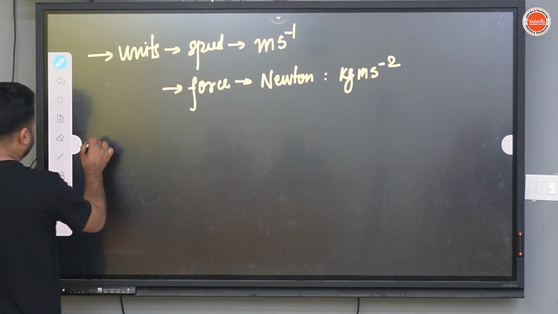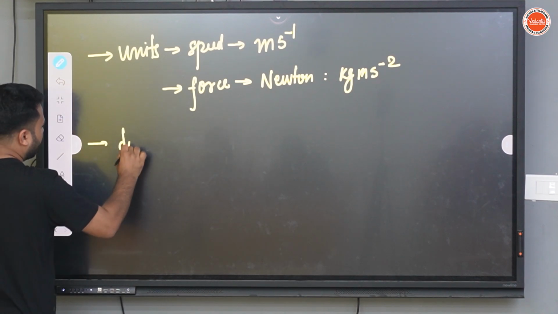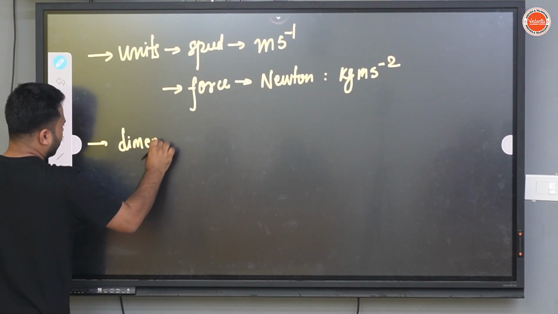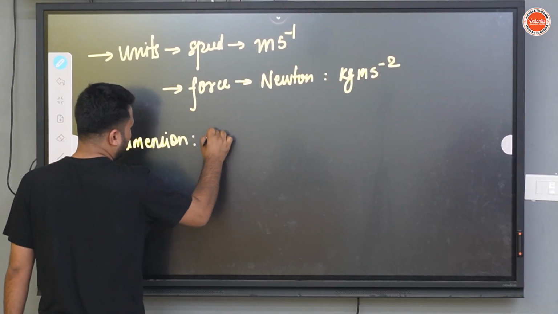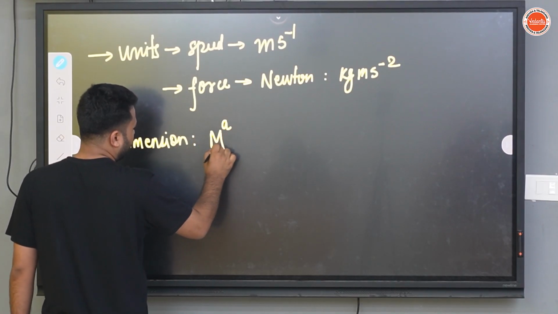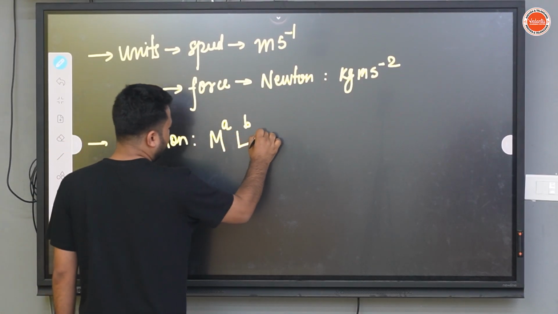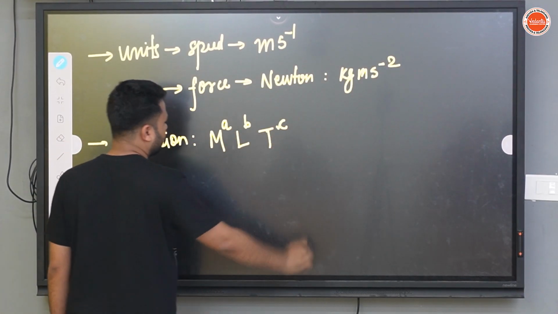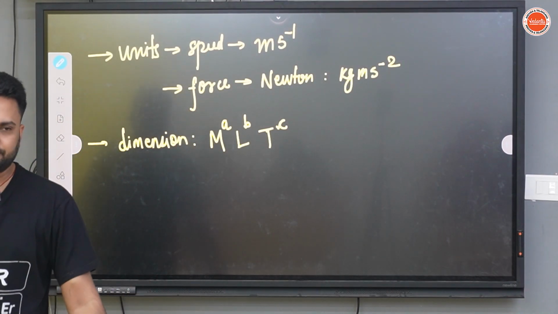Now next is dimension. So these are the units, SI unit. Dimension: anything which is written in the form of M to the power a, M is mass, L to the power b, and T to the power c. When you write something in this form, this is called the dimension.